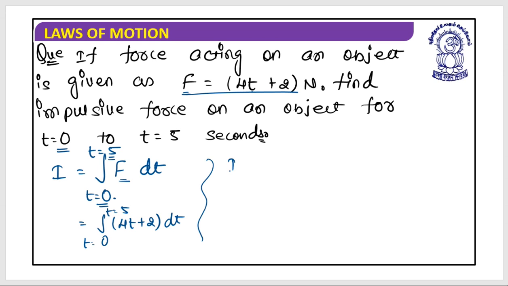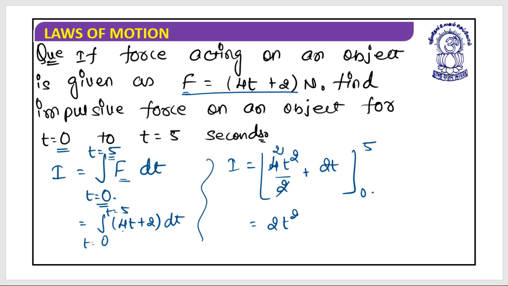So that can be written as I equals integration of 4t, this is 4t square by 2, plus integration of 2 dt, that is 2t, from 0 to 5 seconds. The 2s are gone, and this equals 2t square plus 2t from 0 to 5. Putting in the value, it's 2 multiplied by t square, that is 25, plus 2 multiplied by 5.